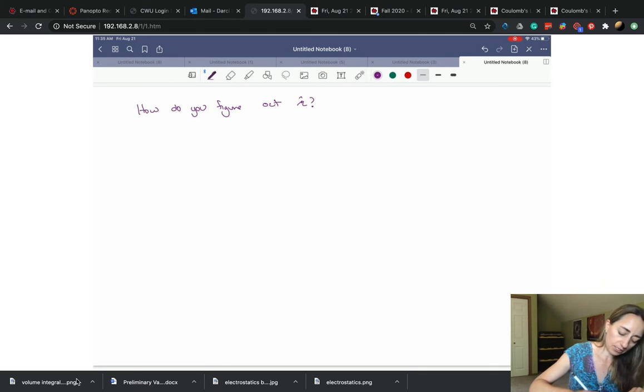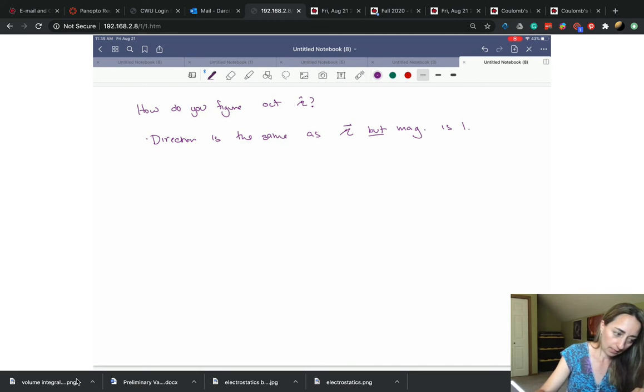So the direction is the same as our script r vector, but the magnitude is 1.